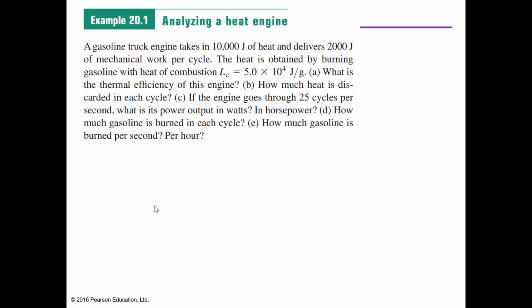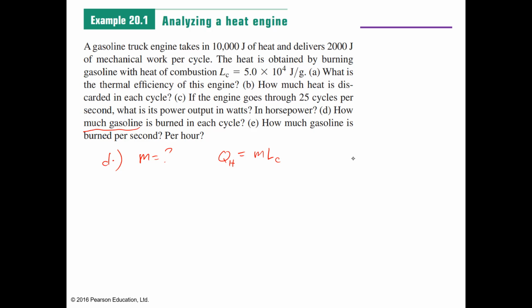We know that the heat of combustion LC is equal to 5 times 10 to the 4 joule per gram. So for letter D, calculating the mass of the gasoline, how much gasoline is burned. So what we are looking for is the mass, and using this, the heat of combustion is equal to mass times LC. The heat here is the heat absorbed, not the heat rejected from the system.